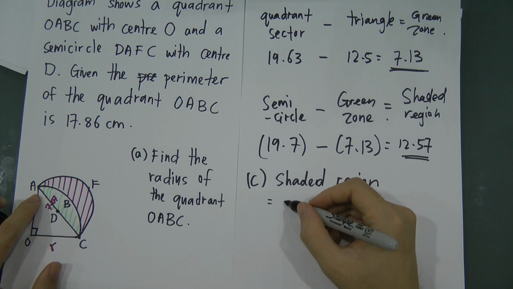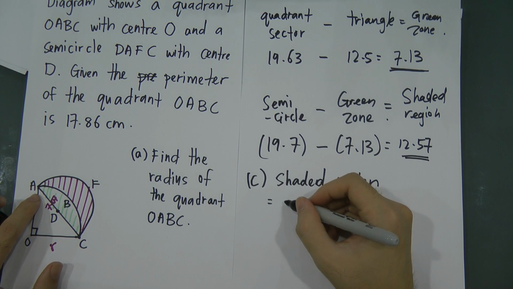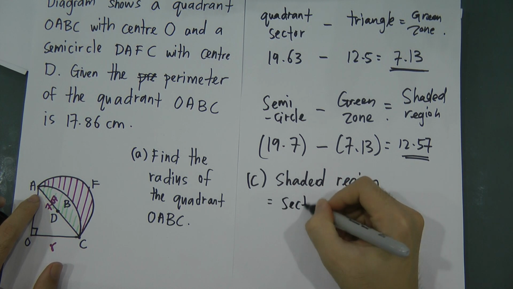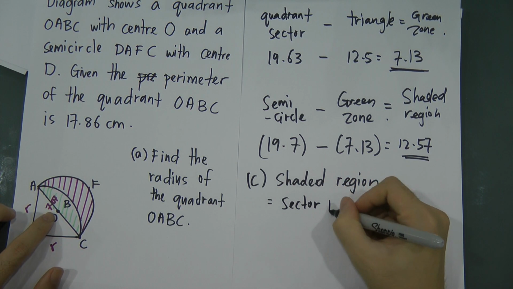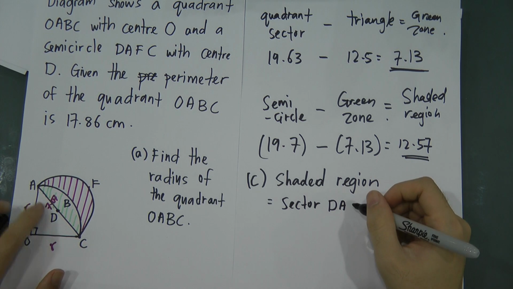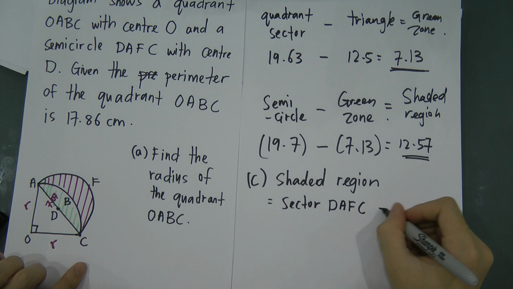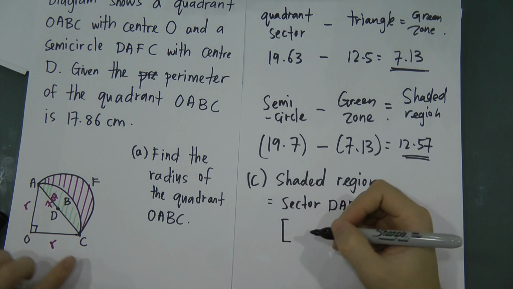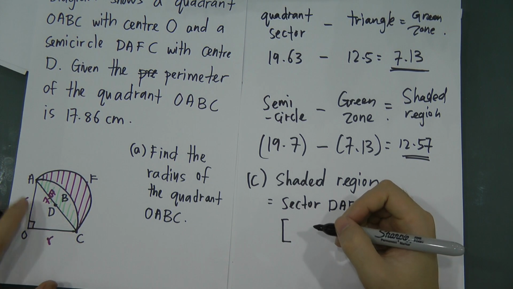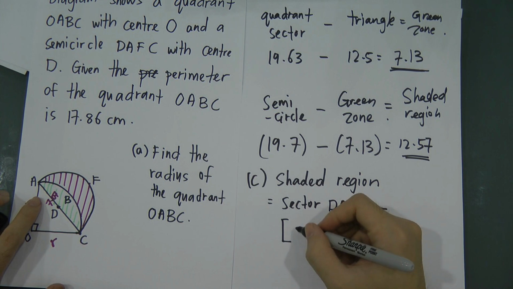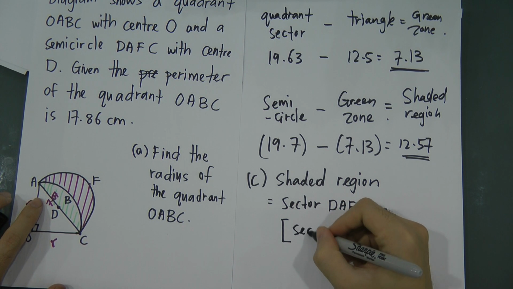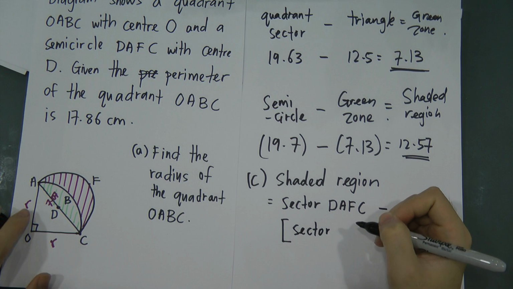What is the semicircle again? We write sector DAFC, minus this one. So minus the sector, or you can write quadrant or you can write sector, it doesn't matter.